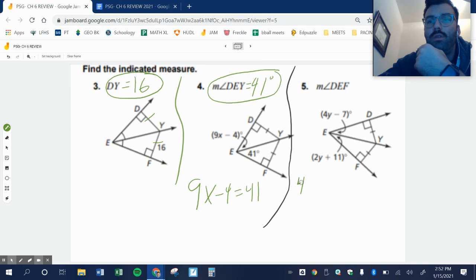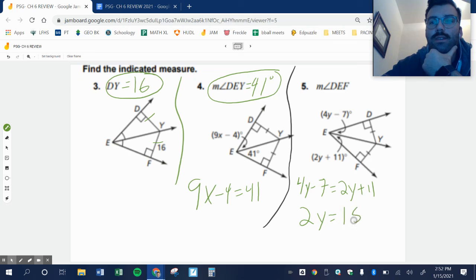So I'm going to say 4y minus 7 equals 2y plus 11. Move the 7 over, move that 2y over. 2y equals 18. Y equals 9.